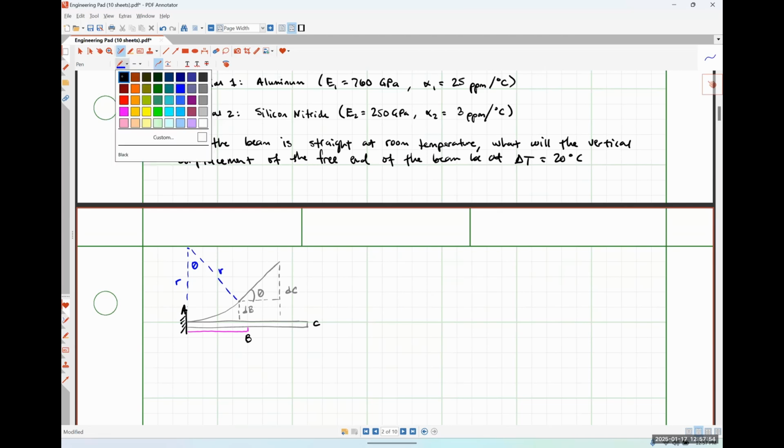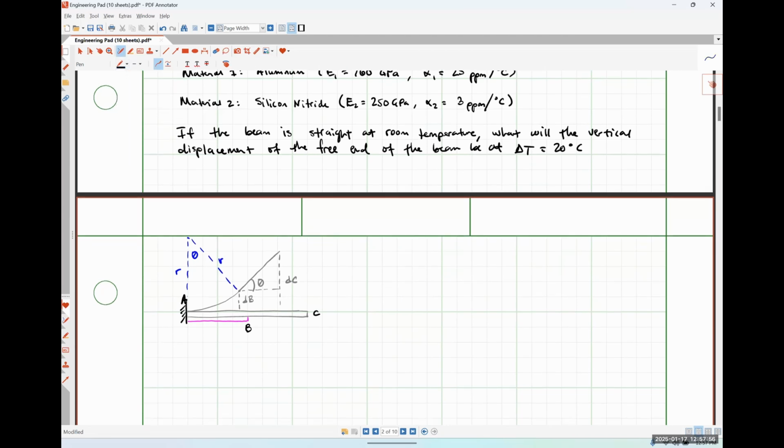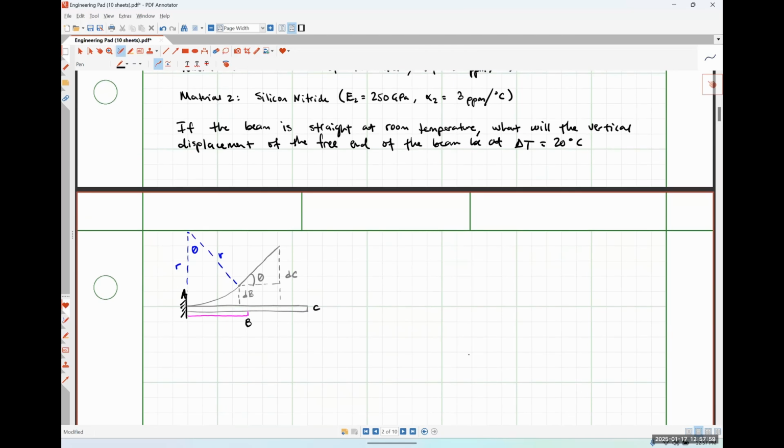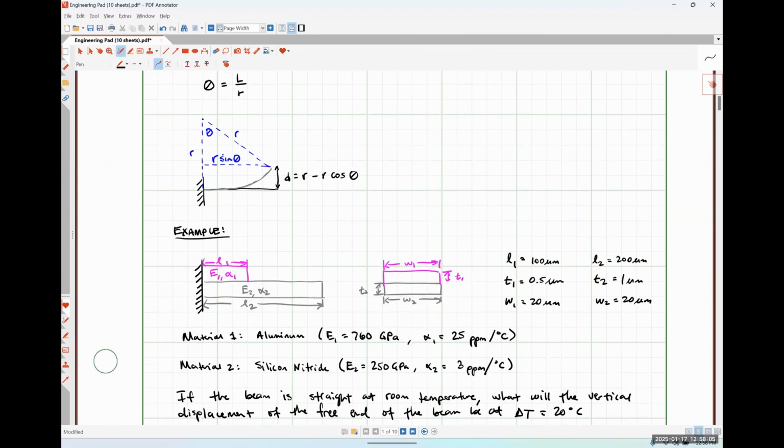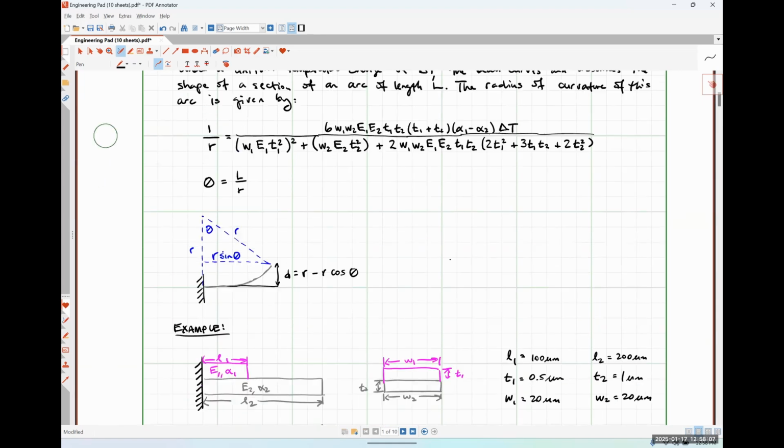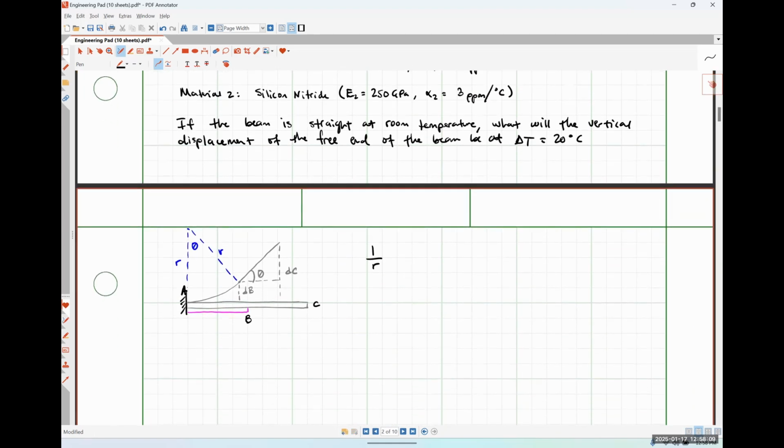So the first thing that I probably want to find is my radius of curvature, right? Well, I'm not going to write down all of those things because we have that expression up here. We know what all of these parameters are, so I'm not going to bother to write all of that down again.